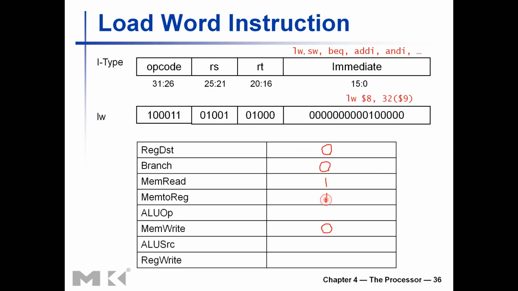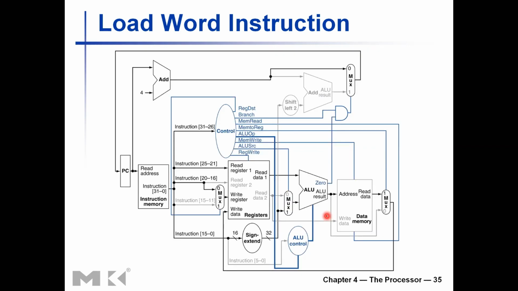So that is 1. ALU op was set to what? 0, 0. For load word and store word instructions, what we are doing is adding an offset to the base address. So it is an addition operation.